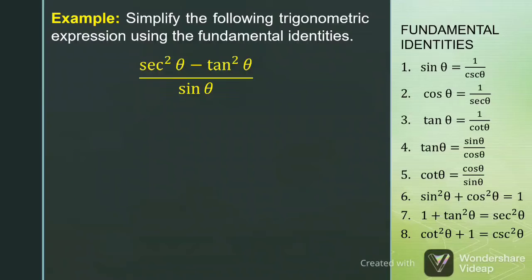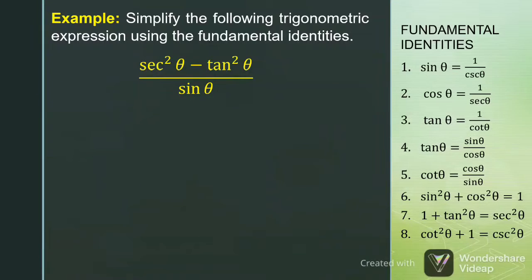Second example, simplify secant squared theta minus tangent squared theta all over sine theta. It looks complicated, but this is a very easy trigonometric expression because as you can see, secant squared theta can be simplified as 1 plus tangent squared theta, right?